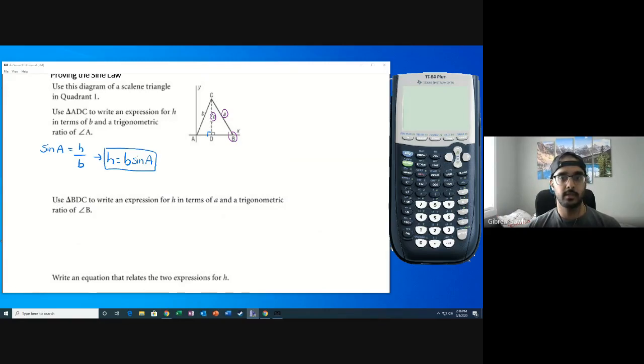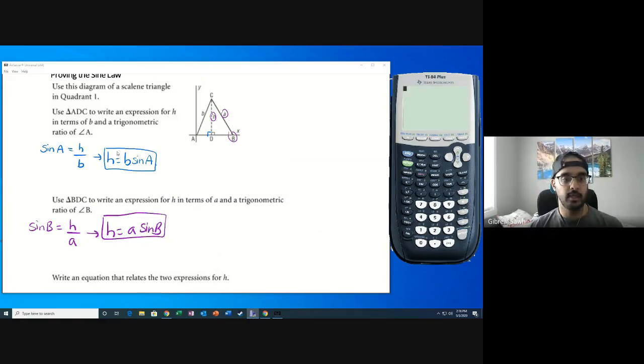The option that relates those two sides is going to be sine once again. So the sine of B is equal to that height, like we said before, h, divided by the hypotenuse of a, and I think you can see where we're going with this. We're going to work with it to make it so it says h equals again. So rearrange that. h is going to be equal to a sine B.